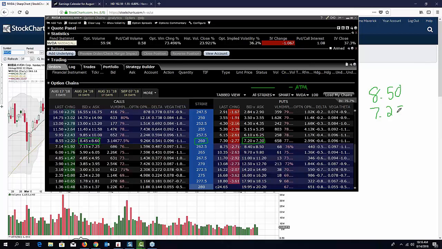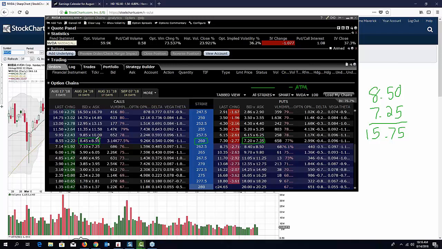Now some of you say, well, if we're buying the straddle, we have upside potential and we have downside potential. And that's correct. If you're buying the straddle, if it's a huge move up or a huge move down, you stand to profit. Why? Because if we blast off to the upside, our calls are going to gain a tremendous amount of value, and the puts can only lose their 725.